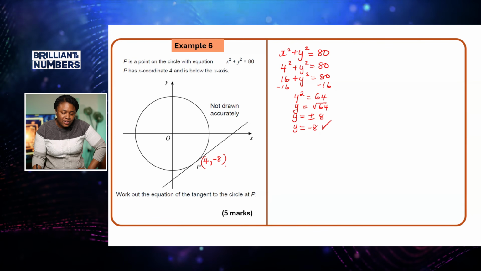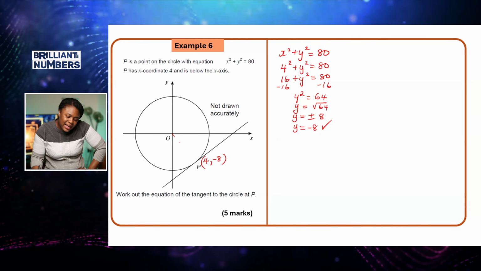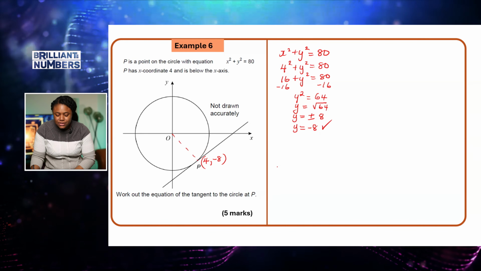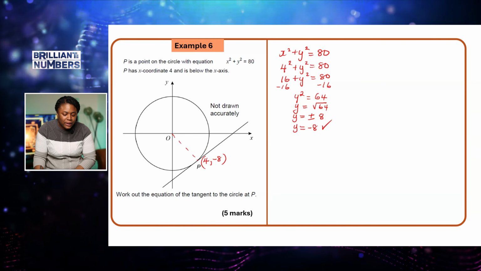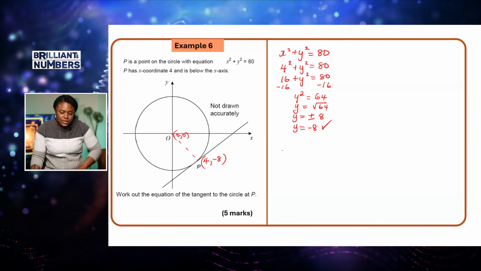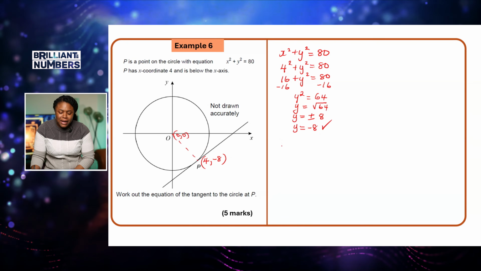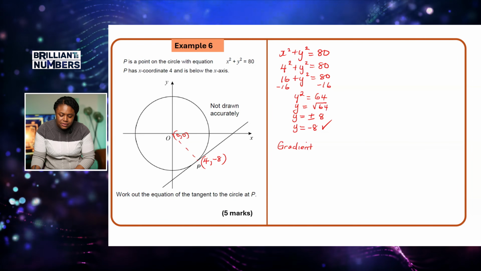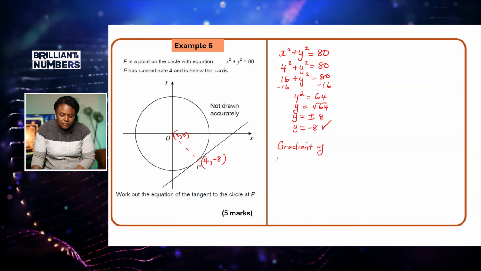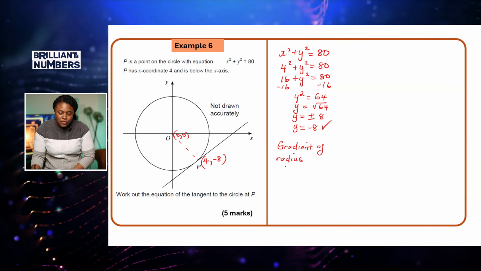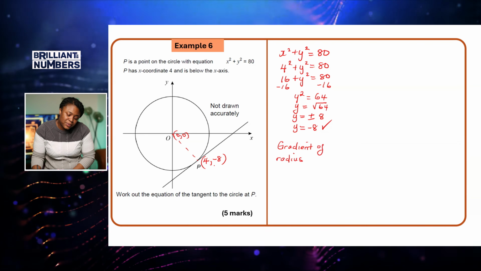Now that we've done that, we can go ahead and find the gradient of the radius. Again, we are working with the coordinate origin 0, 0. So let's write that down: gradient of radius. Pay attention now.